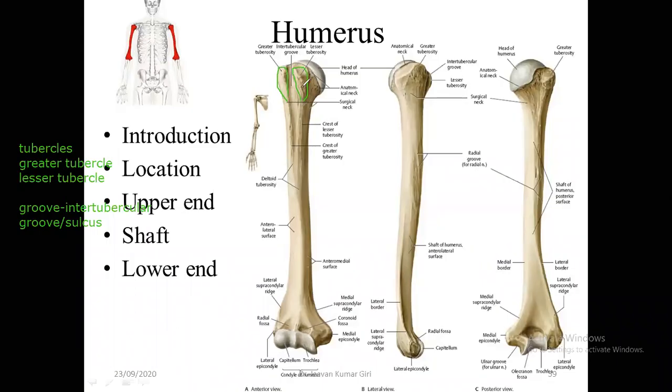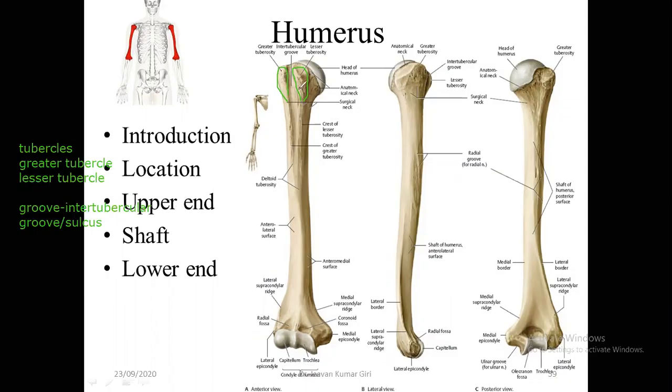So the lesser tubercle faces anteriorly, whereas the greater tubercle faces laterally. Now see, in between the two tubercles you will find a depressed part, a groove-like structure. This depression is the intertubercular sulcus or groove.